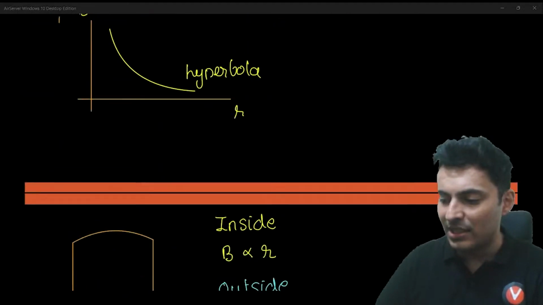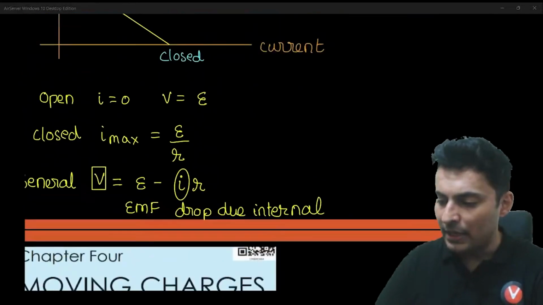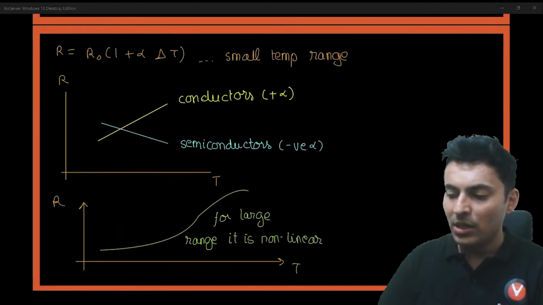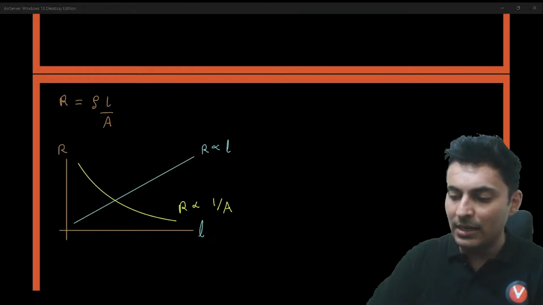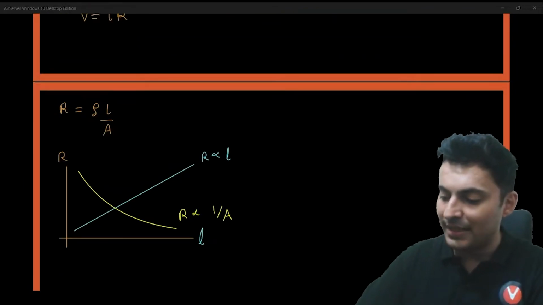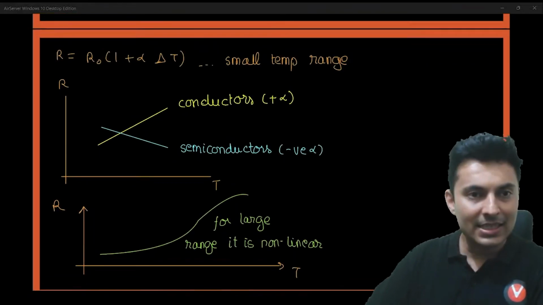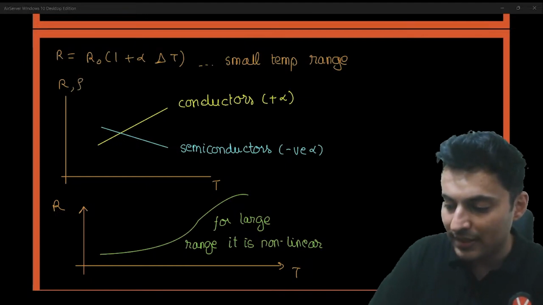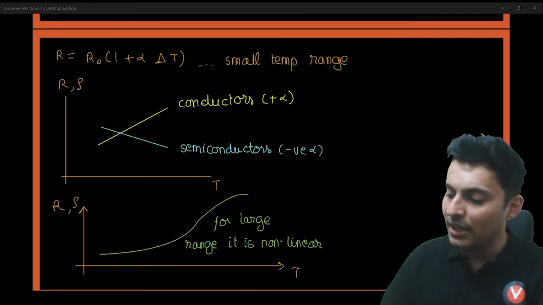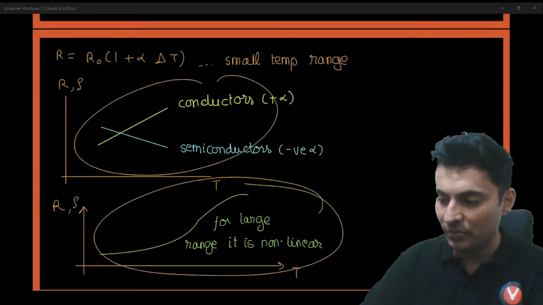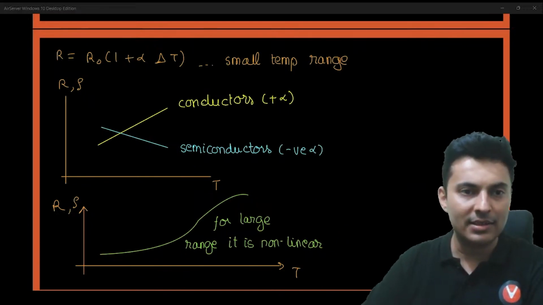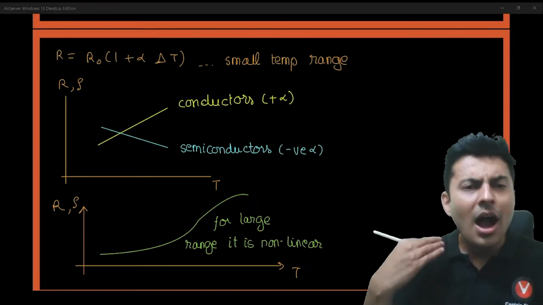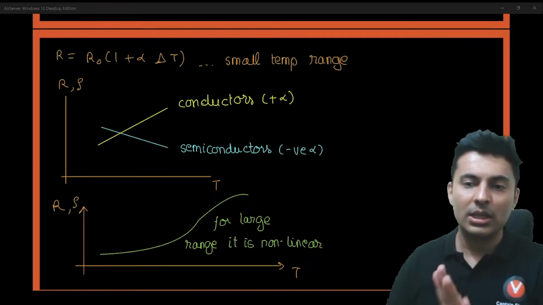Now, some of you are also asking, sir, in current electricity, can you tell us how will the resistivity graph look like? See, let me tell you, R is directly proportional to resistivity. So if resistance varies like this, even the resistivity will vary exactly the same way. So resistance or resistivity will have similar graphs. For a conductor, resistance and resistivity will have very similar graphs because both are directly proportional to each other.